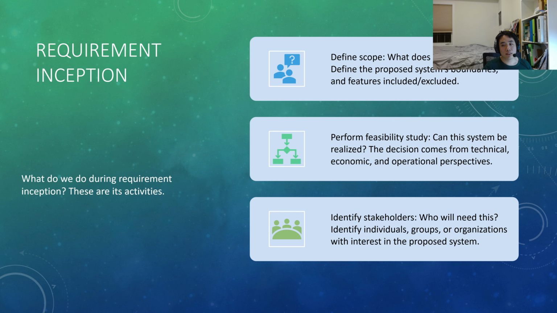That decision will depend on technical, economic, and operational factors. We also have to take a look at who this system is catered to, and people who have high interest in the system. We call them stakeholders. Stakeholders can be individuals, groups, or even large organizations.